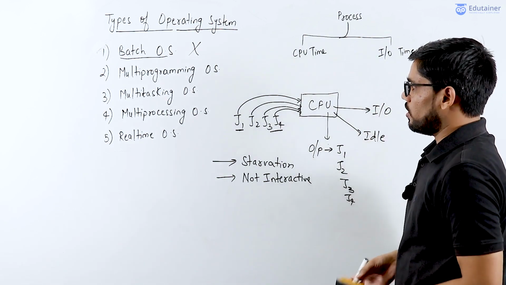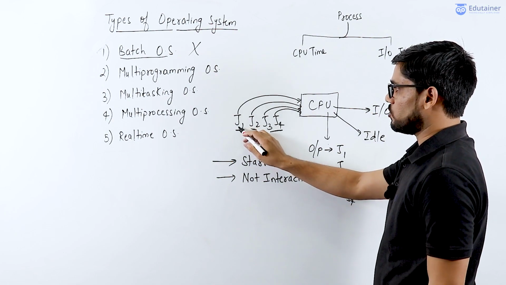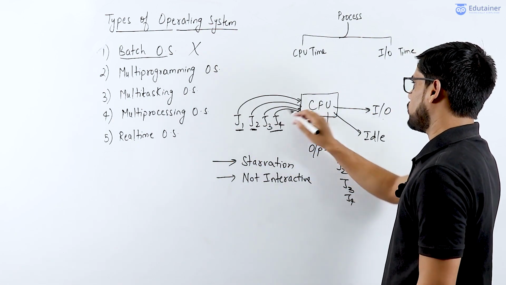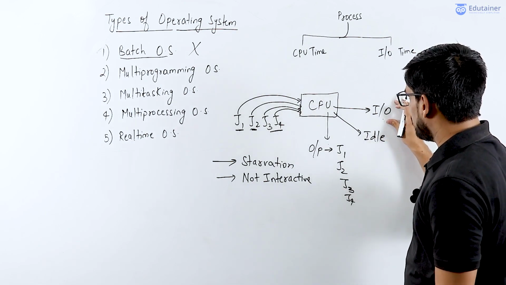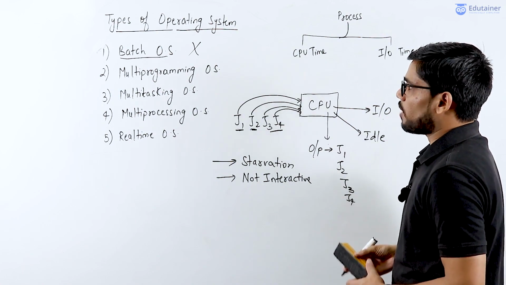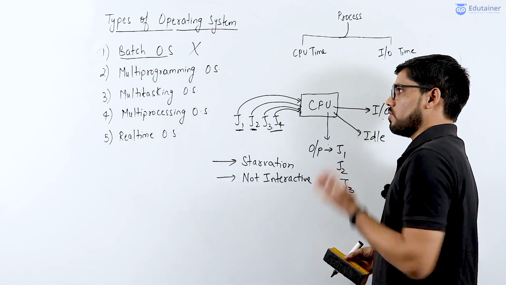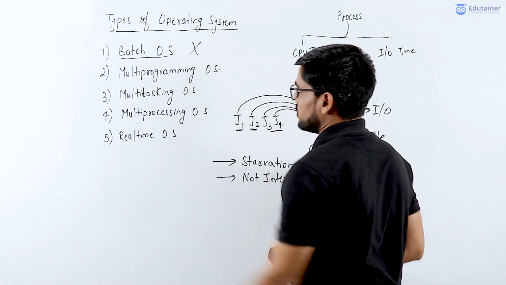So if we allocate some other job to the CPU when, let's say, job J1 requires IO, then let's say we allocate job J2 to the CPU, and whenever J1 finishes its IO time, it will come and perform its CPU time. So multi-programming operating system will remove the drawbacks of the batch operating system.